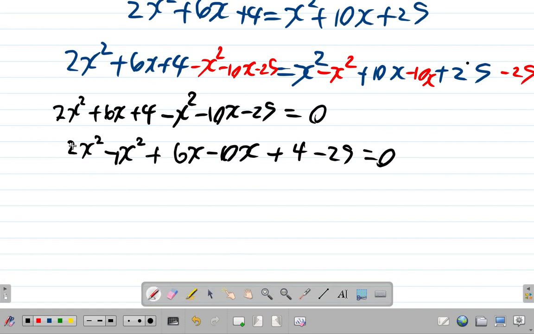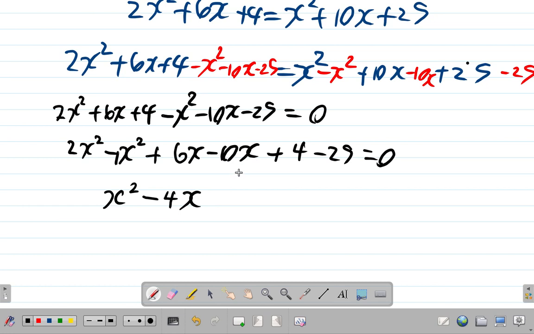So now, 2x squared minus 1x squared gives you 1x squared, so you know better write the 1. 6x minus 10x, how much? It must be negative 4x.